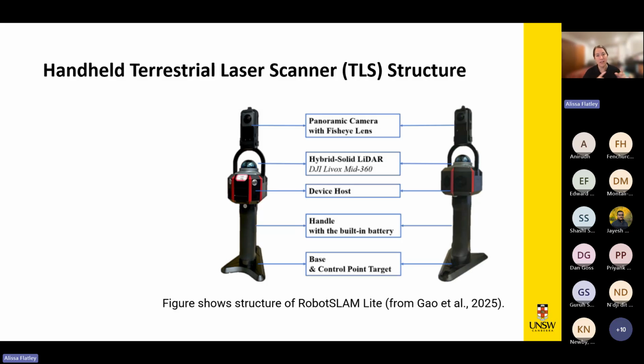So these are often incorporated with a 360 camera, and the 360 camera will help colorize the point cloud. It's an additional processing step after you've extracted your point cloud from the TLS. In terms of the device structure, handheld TLSs don't always have the camera as a separate attachment. Some are incorporated into one device, or again, developed as a series of connected parts.